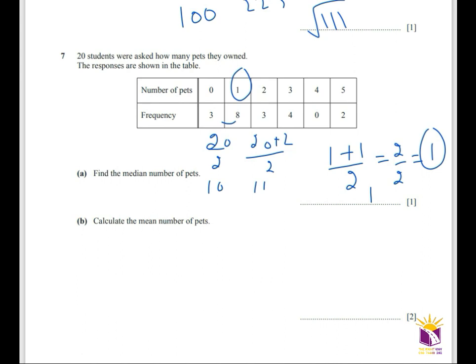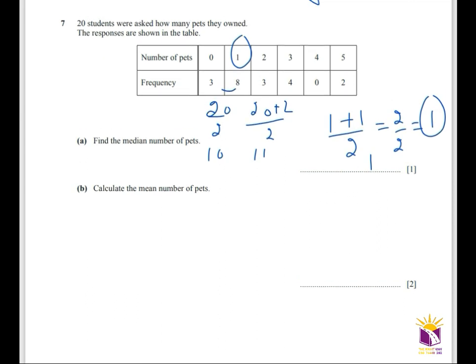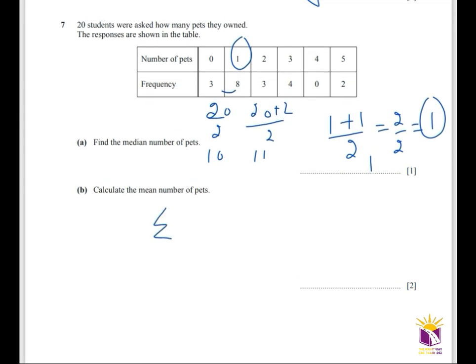Now the mean number of pets. For the mean number, we are going to use the formula summation fx divided by summation f. Summation fx. First value multiply with the first number. 0 times 3, 0, plus 1 times 8, 8.